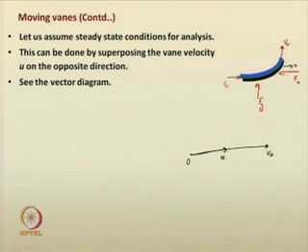If you know these quantities and you superimpose, or find the relative velocity, what is meant by relative velocity? This difference in quantity will be the relative velocity in this direction, but at the inlet both are having the same directions.